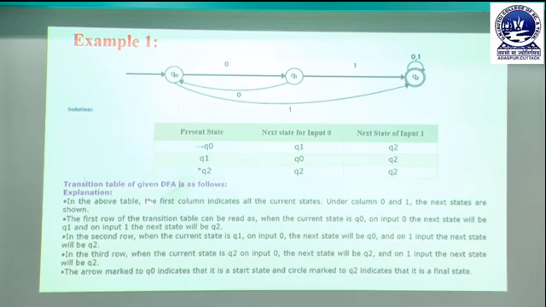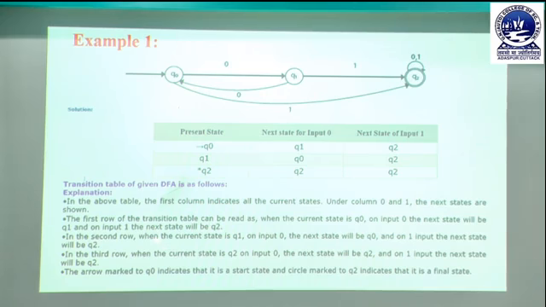In the above table, the first column indicates all the current states. Under columns 0 and 1, the next states are shown. The first row of the transition table can be read as: when the current state is q0 and the input is 0, the next state will be q1. On input 1, the next state will be q2.